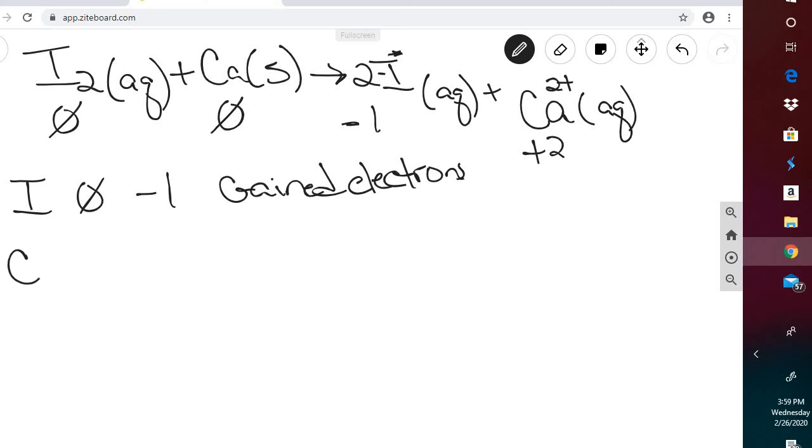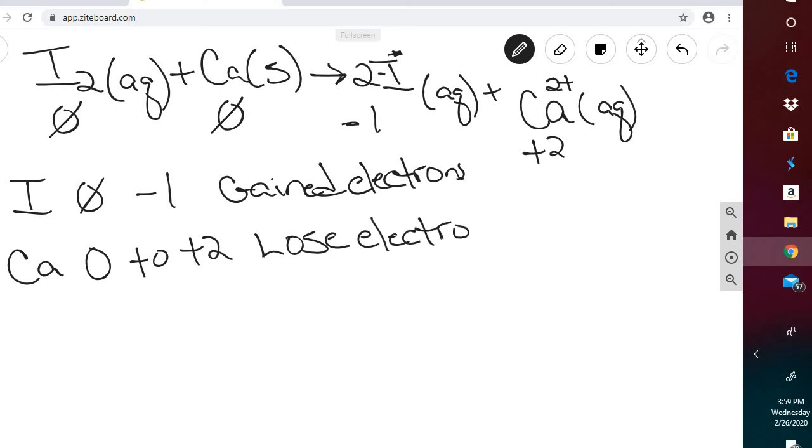The calcium went from 0 to +2, and so that means that it lost electrons. So that means this is going to be the anode. And the iodine will be on the cathode side.